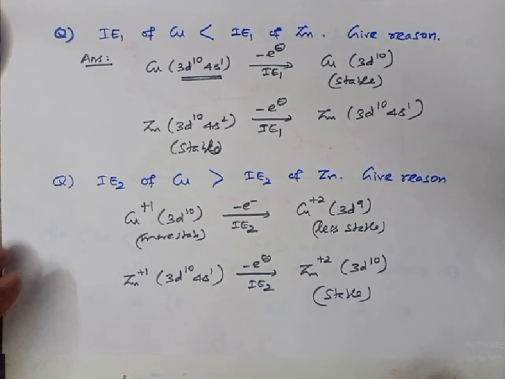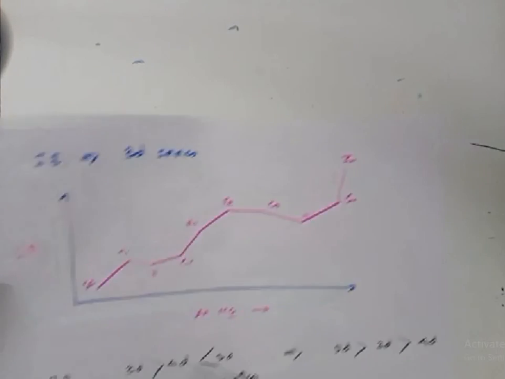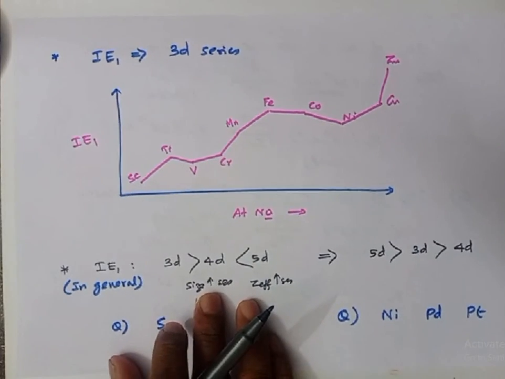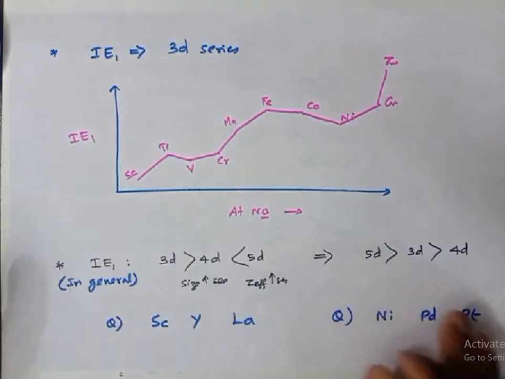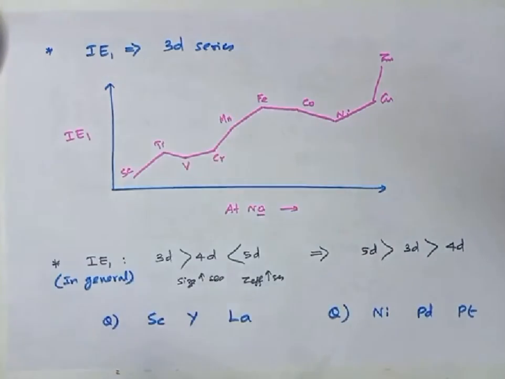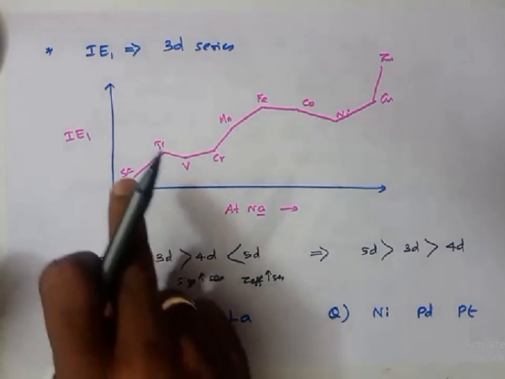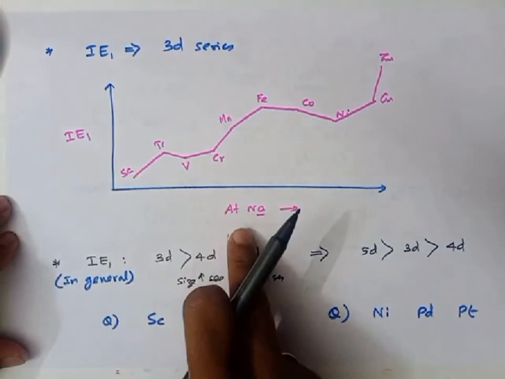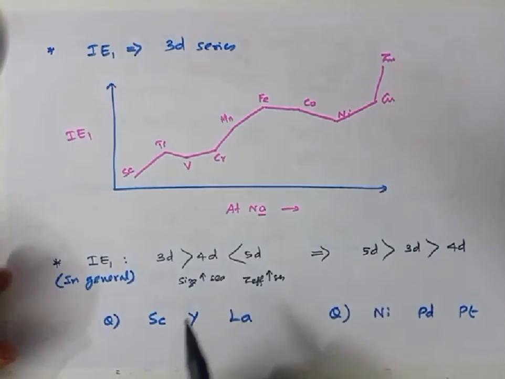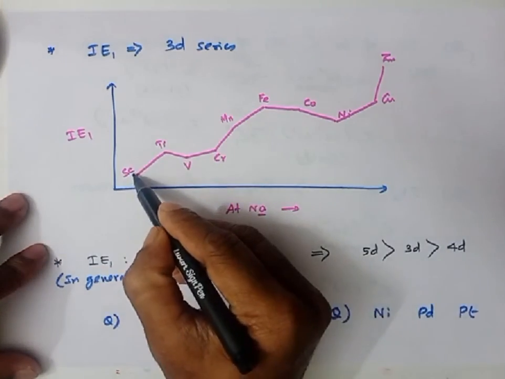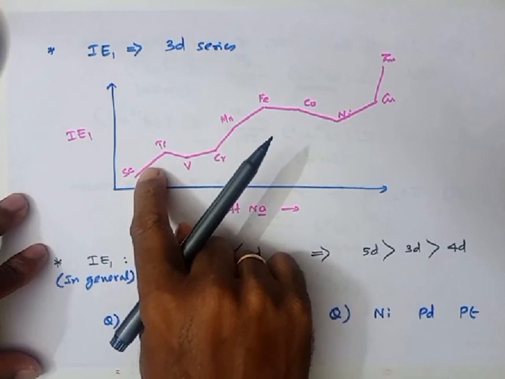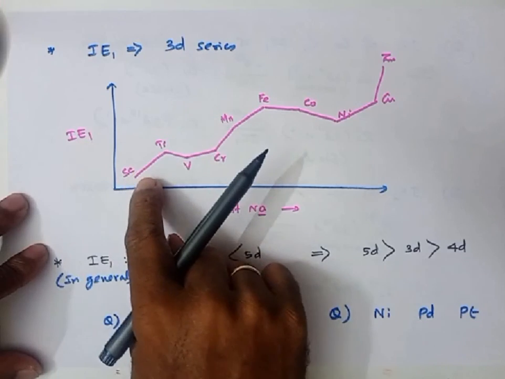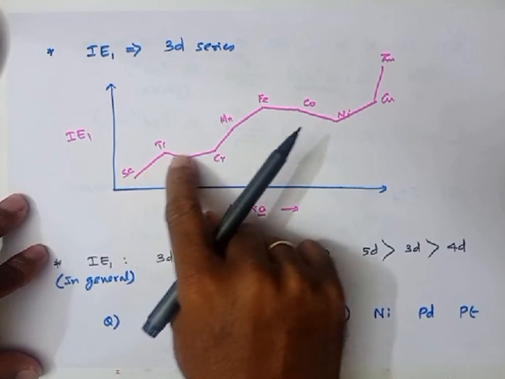Okay, right. Now, if you compare how the first ionization energy varies in the 3d series, here I am plotting first ionization energy versus atomic number. From scandium to titanium, first ionization energy increases. I have told you in the beginning itself, first ionization energy increases from left to right.